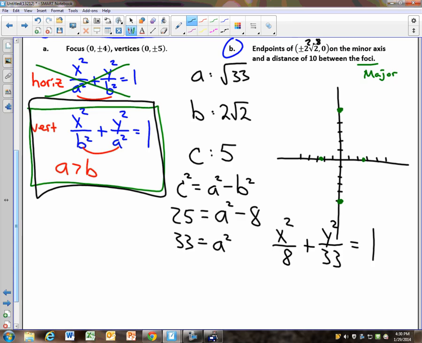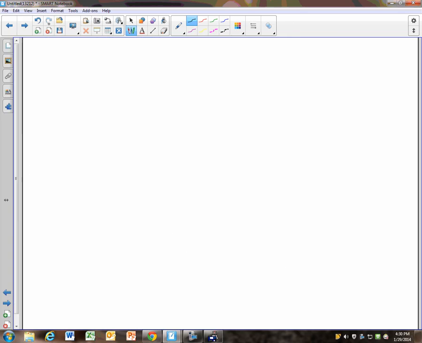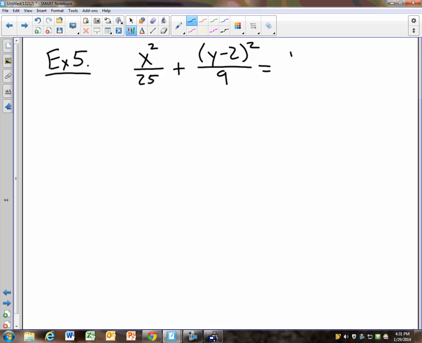So I apologize. What I want to do for you though is show you an example of a shifted ellipse very quickly. Take out a scratch sheet of paper and try this. We'll call it example 5. Take the equation x squared over 25 plus y minus 2 squared over 9 is equal to 1.